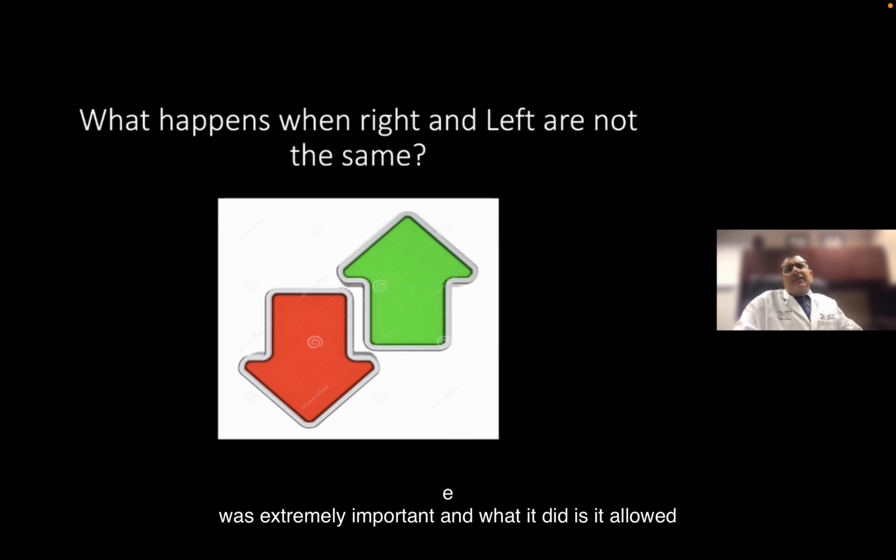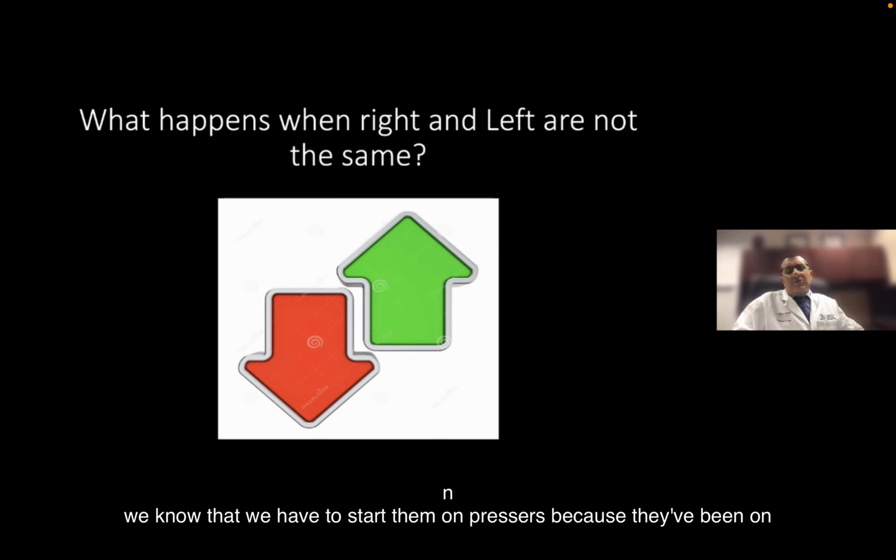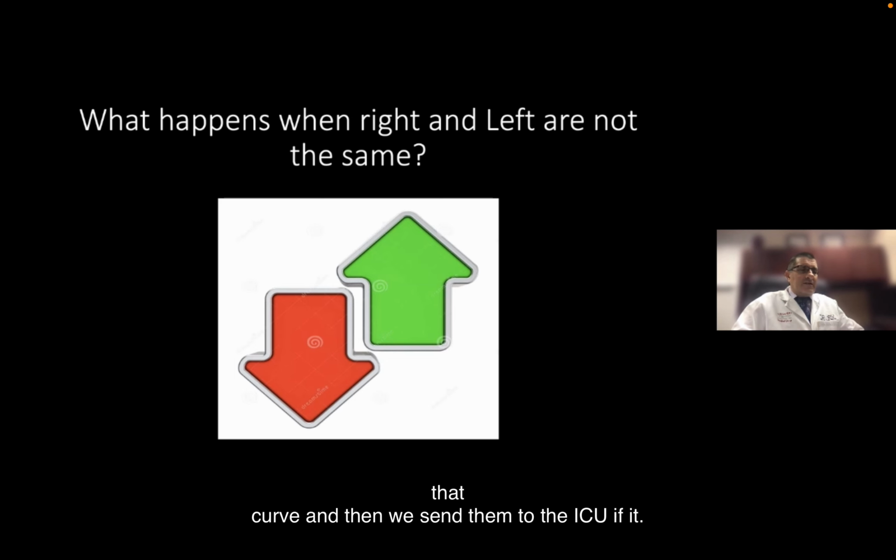What it did is it gave us a binary answer. Does the stroke volume change, like I said, greater than 10%, or does it not? If they're still hypotensive and it doesn't change the stroke volume, then we know that we have to start them on pressors because they've been on that curve, and then we send them to the ICU.